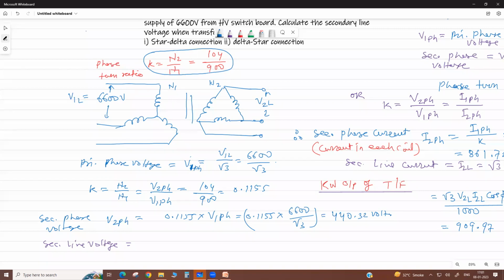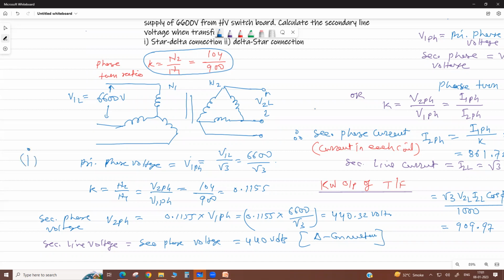Noted, sir. But now on the delta side, secondary line voltage equals secondary phase voltage only. That is 440 volts only. You can write delta because it is delta connection. First part is over.